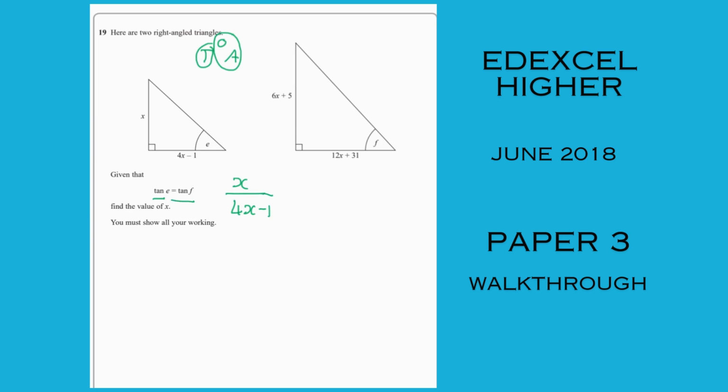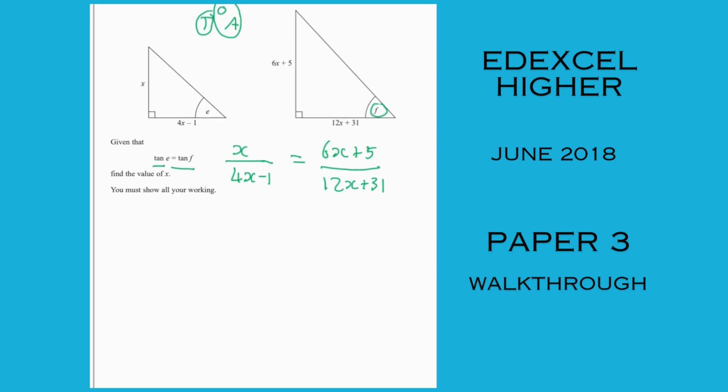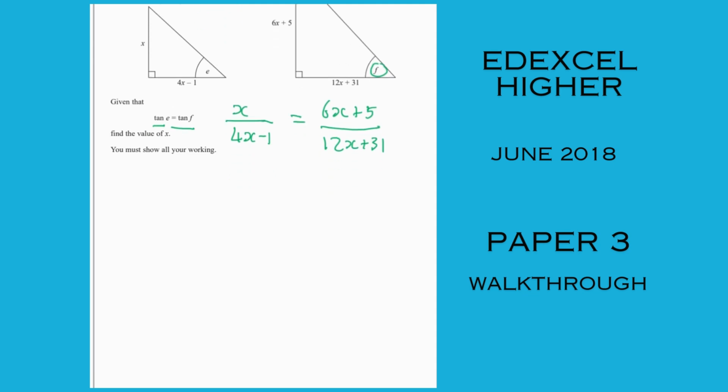That's equal to the tan of F. Well, the tan of F will be opposite over adjacent. So yeah, it starts out looking like trigonometry, but it's setting up and solving your very own quadratic.